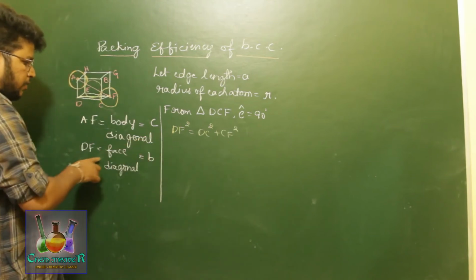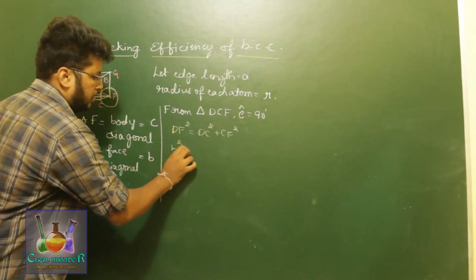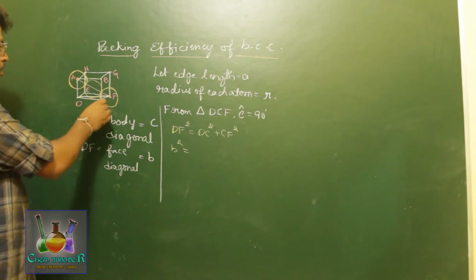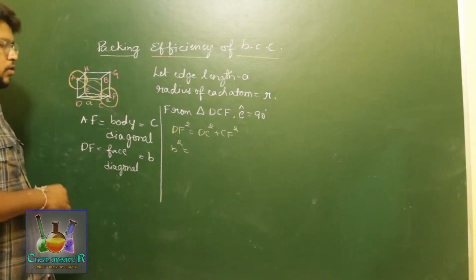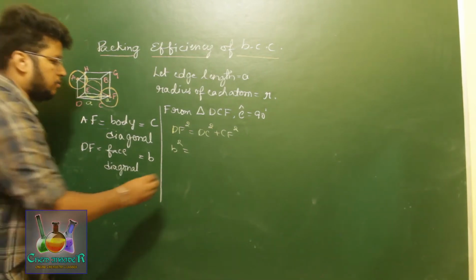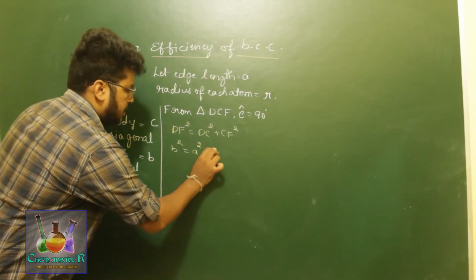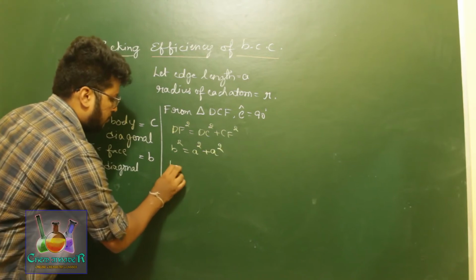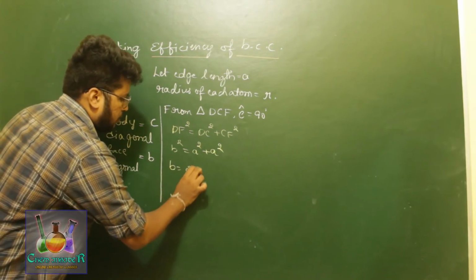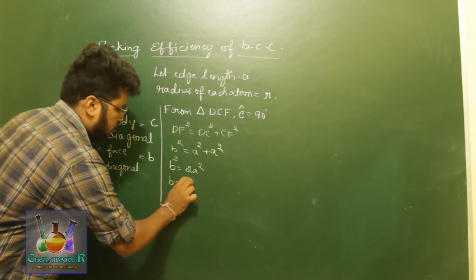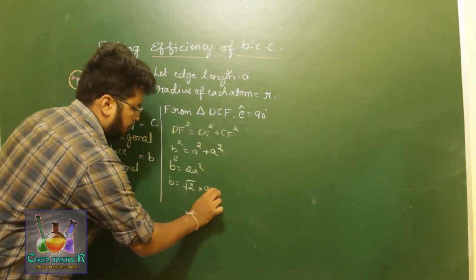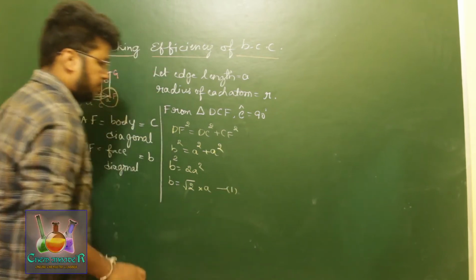We know the DF value, that is B square, and DC and CF are the edge lengths, right? We have taken the unit cell of a cube, therefore all the sides of the cube will be equal. So that will be A square plus A square. Therefore B square will be equal to 2A square and B will be equal to square root of 2 into A. Let us consider this as equation 1.